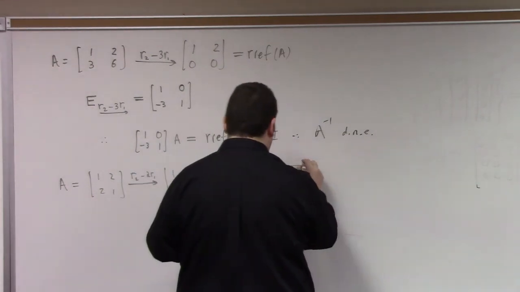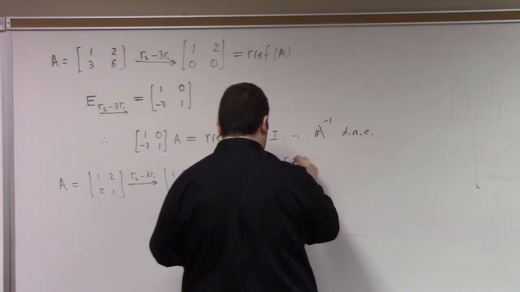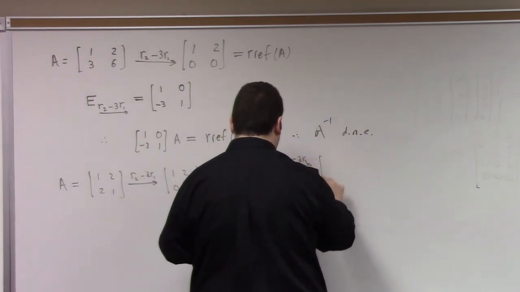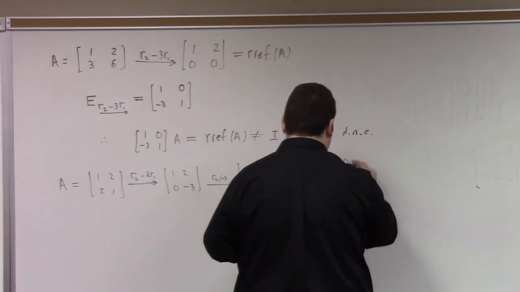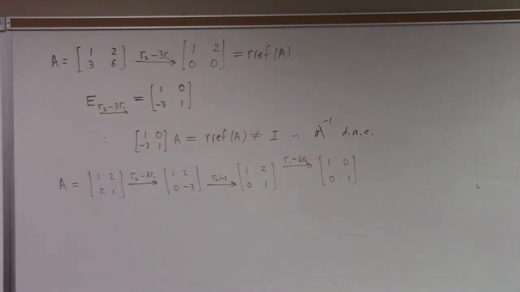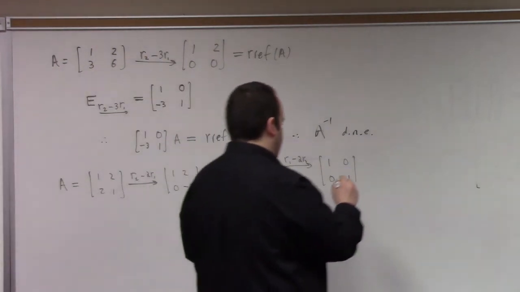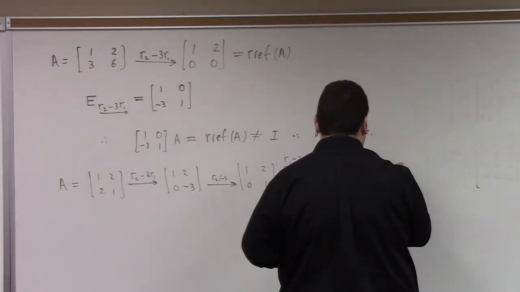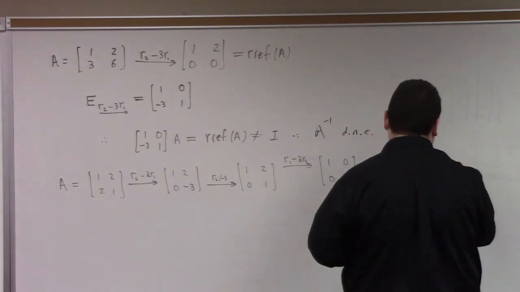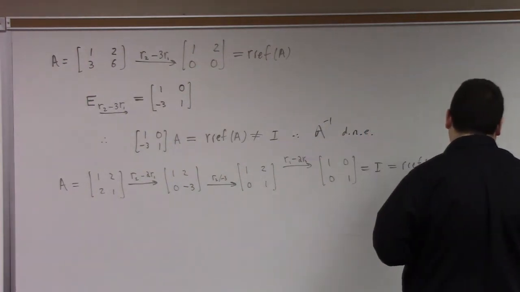And then I'll take away 3 of row 2 from row 1. Or rather 2. Aha. So the reduced row echelon form of A is the identity matrix, which goes to show you that, what's that tell me, among other things? Yeah, A inverse exists.